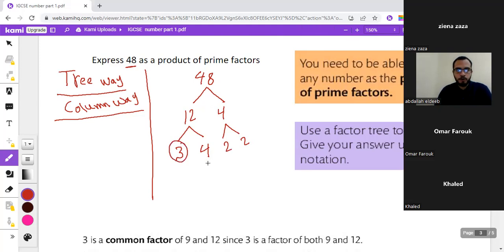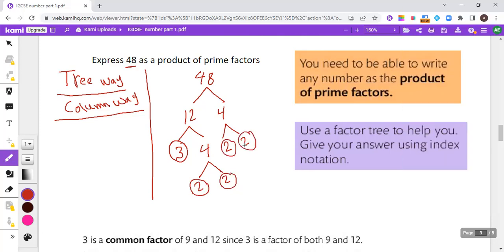And 4 is 2 times 2, and 2 is a prime number, so we circle them. So 48 is 2 times 2 times 2 times 2 times 3.